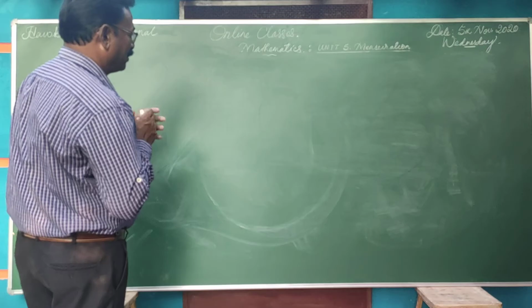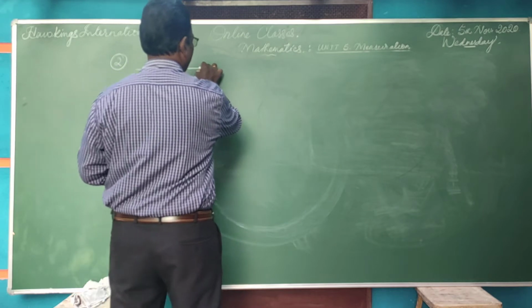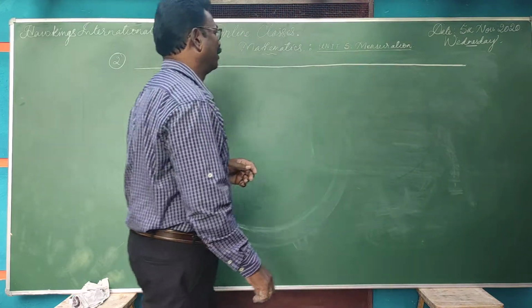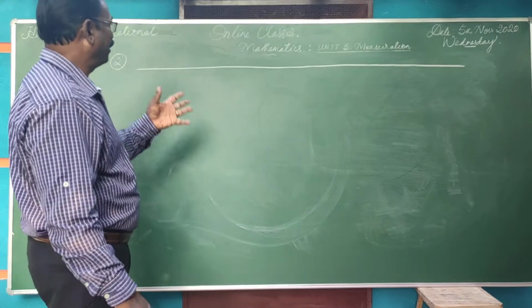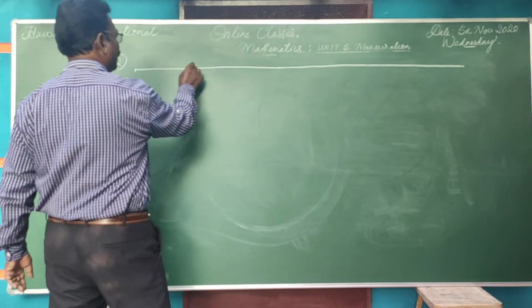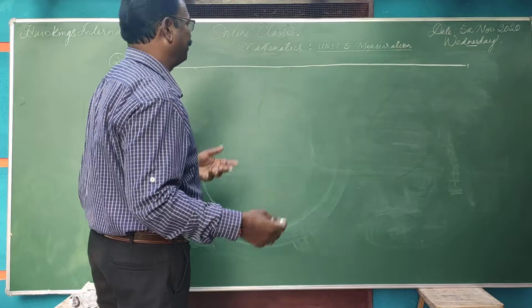Here the task is a metallic wire, or we can say it is like a thin rod, a metallic thin rod. The same rod, you can make it in any shape.